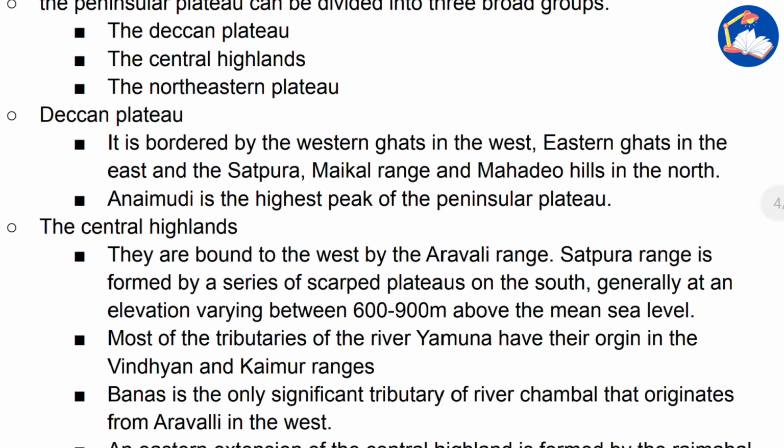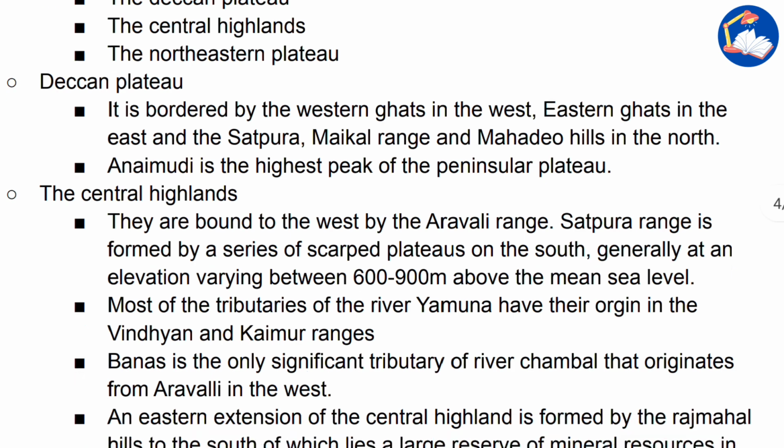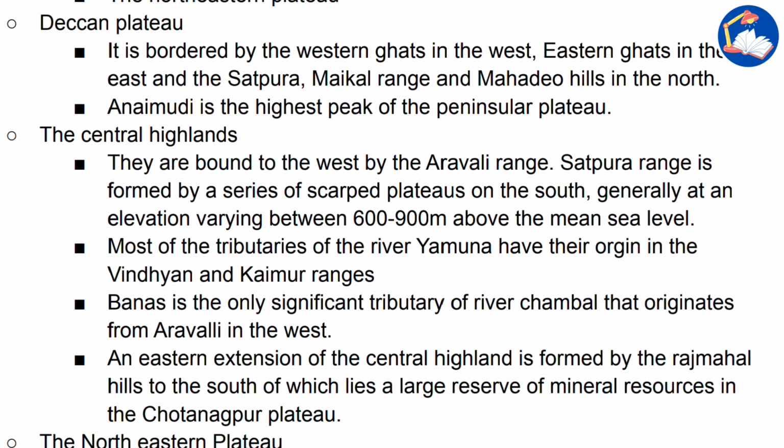Okay, now Central Highlands. They are bound to the west by the Aravalli Ranges. Satpura Range is formed by a series of scarped plateaus on the south, generally at an elevation varying between 600 to 900 meter above the mean sea level. Most of the tributaries of river Yamuna have their origin in the Vindhyan and Kaimur ranges.